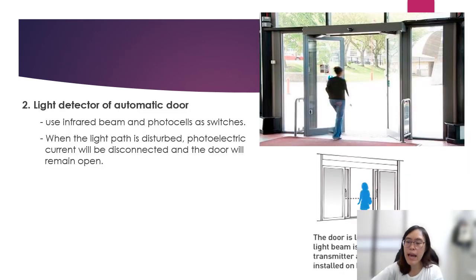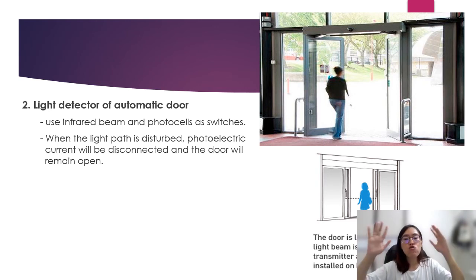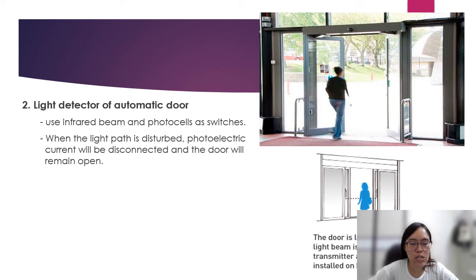Not only that, it is also used as a light detector of automatic doors. So in between, you can see there is a detector, and this detector is always being illuminated by the light. However, when a person passes by, they block the pathway of the radiation, so the photocell will be interrupted, and then it makes the motor start to function, and the door opens. So when the light path is disturbed, the photoelectric current will be disconnected and the door will remain open.